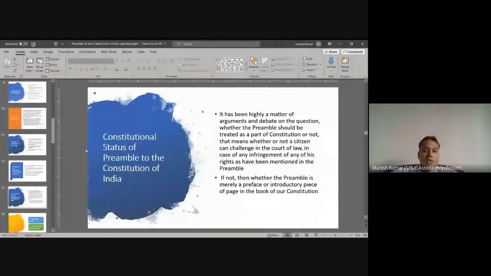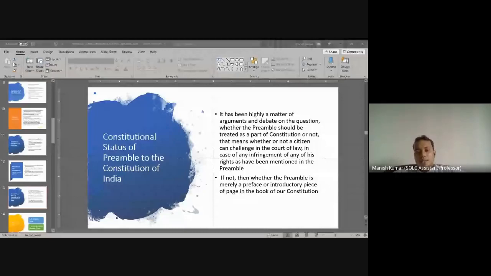The constitutional status of the preamble to the Constitution of India. What is the constitutional status of the preamble? I'm going to talk about that. It has been highly a matter of arguments and debates whether the preamble should be treated as a part of the constitution or not.